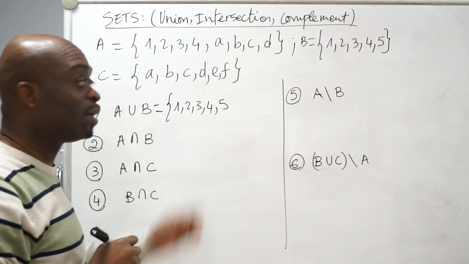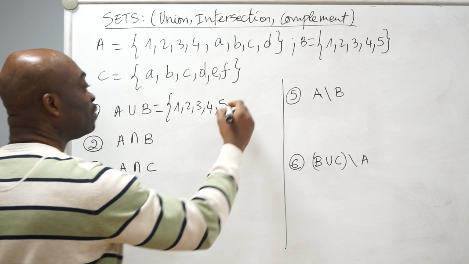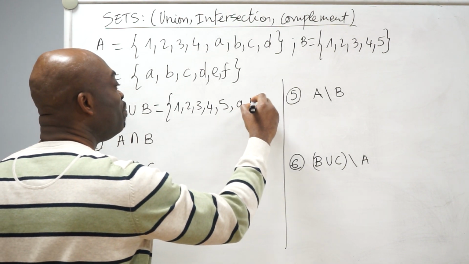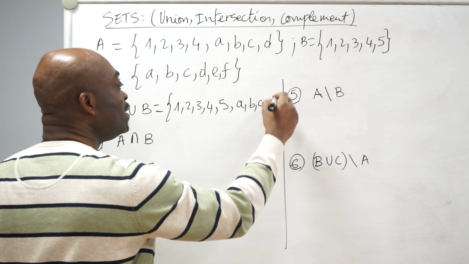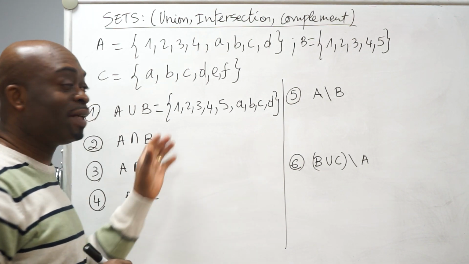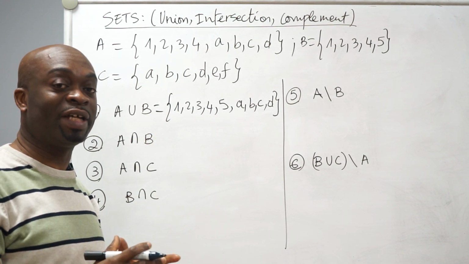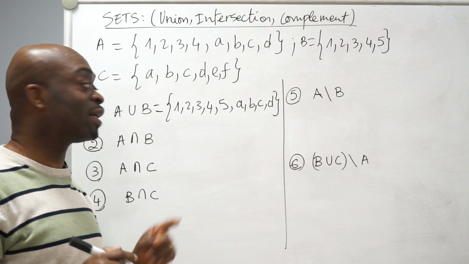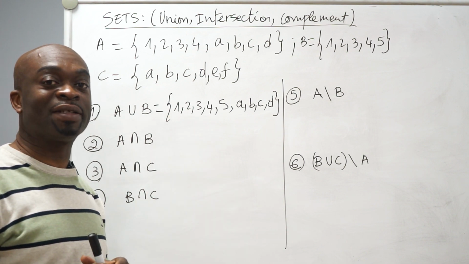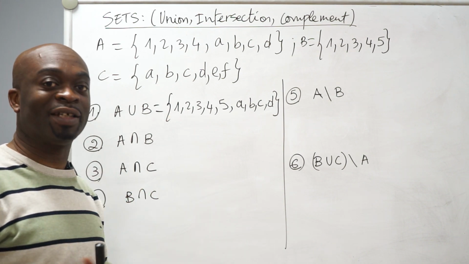And then what else? A, B, C, D, right? So we have A, B, C, D. And this is going to be your final answer because you have everything together, but making sure that none of those elements has been repeated.